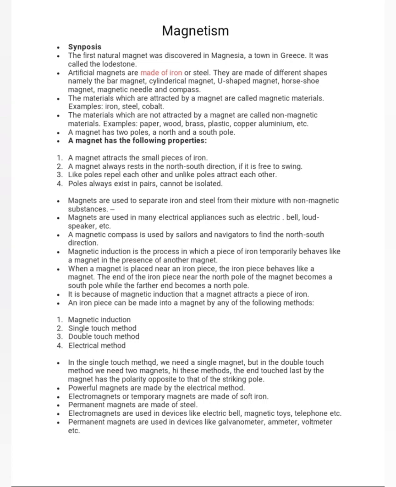In the single touch method, we need a single magnet, but in the double touch method, we need two magnets. In these methods, the end touched last by the magnet has the polarity opposite to that of the striking pole. Powerful magnets are made by the electrical method.